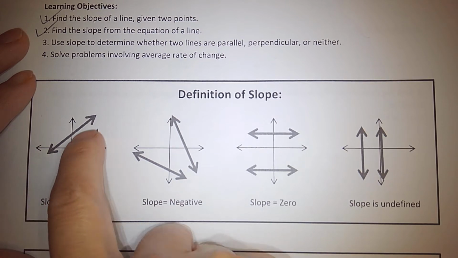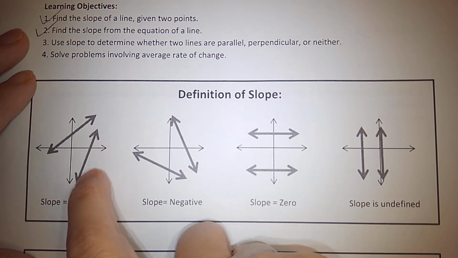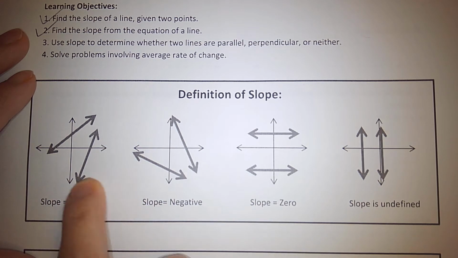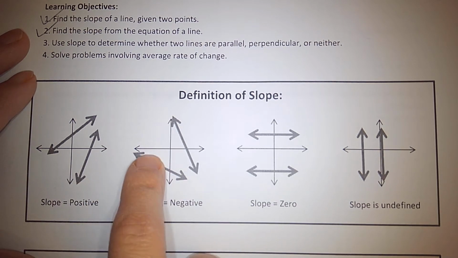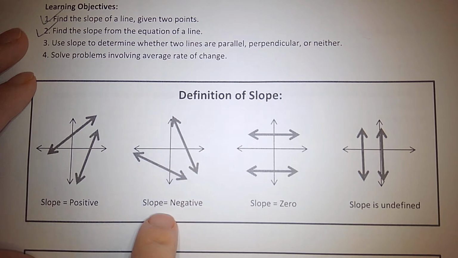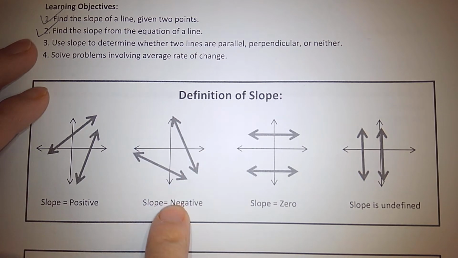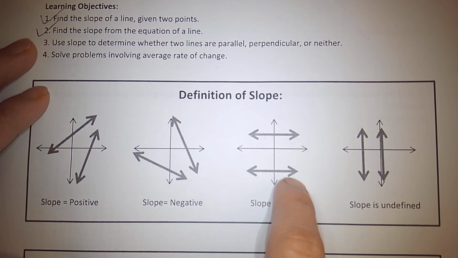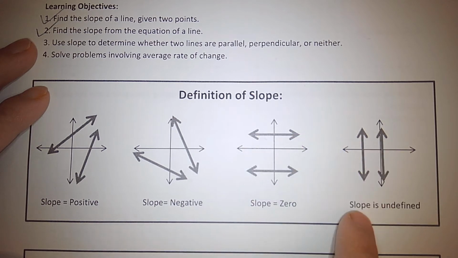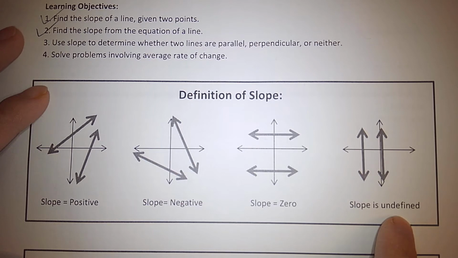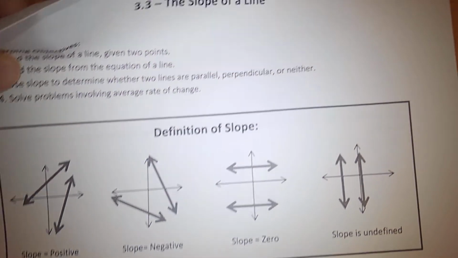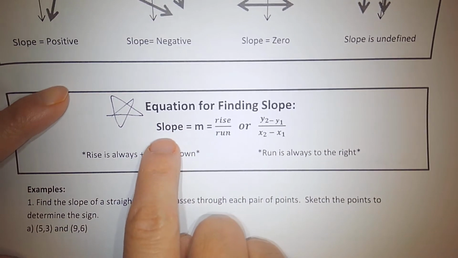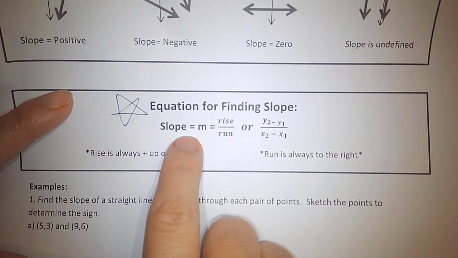When we have a slant down, straight lines have a negative slope. A horizontal line always has zero slope. A vertical line always has what? Undefined slope.